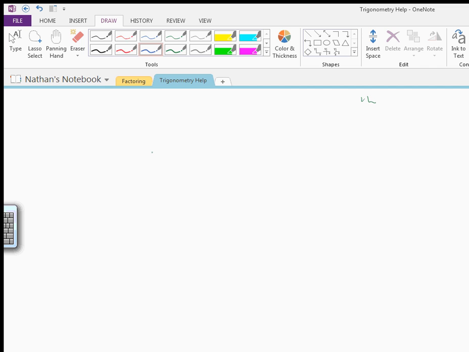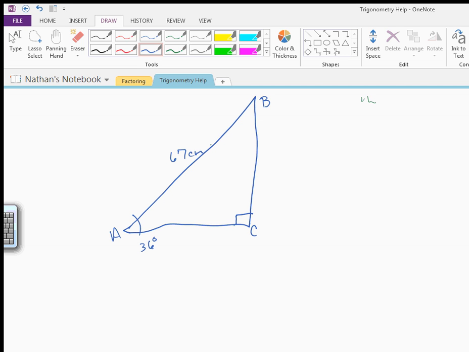And here's another one that's kind of odd. We're looking at A, B, C. Of course, this is a right angle. Now, this angle, again, is 36 degrees. And we're given the hypotenuse as 67 centimeters.